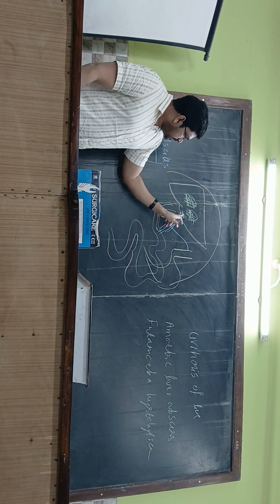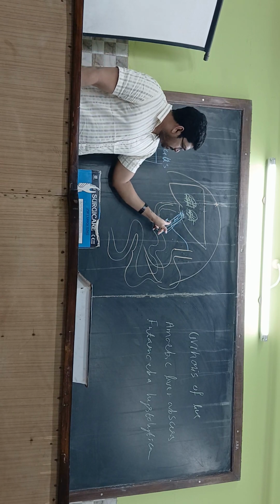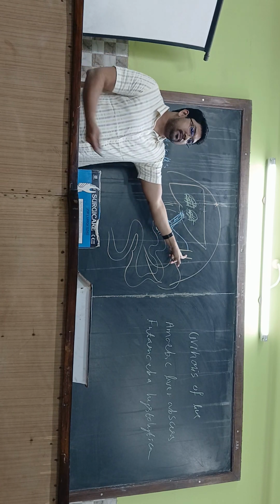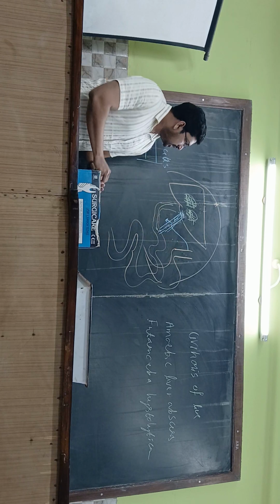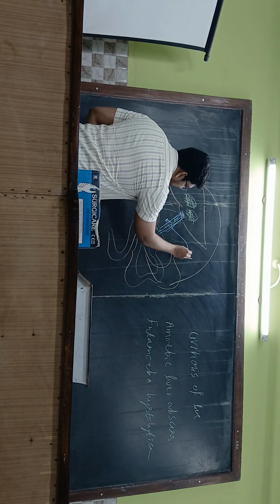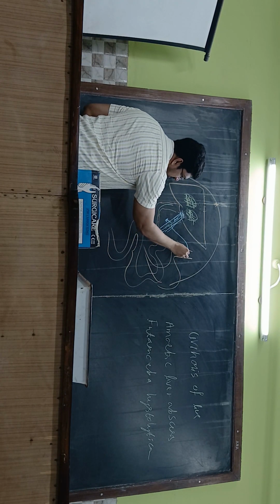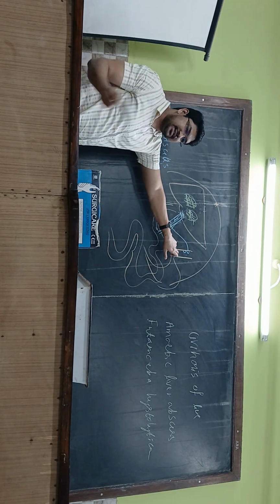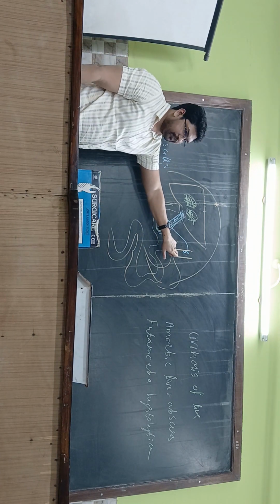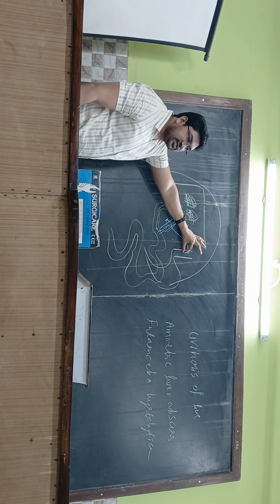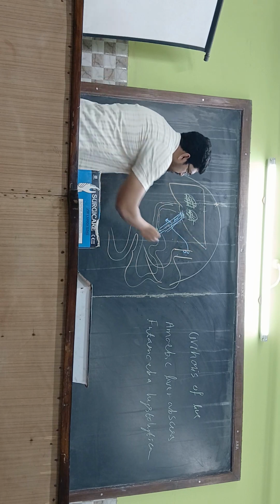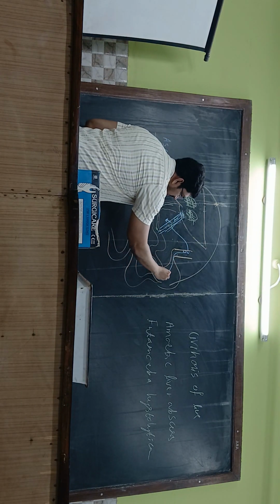Because of this obstruction, there will be backed up pressure into the esophageal mucosa. Because of this backed up pressure, there will be dilated veins within the mucosa of the esophagus, protruding into the esophageal lumen. This mucosa will burst open and blood will trickle down into the stomach.